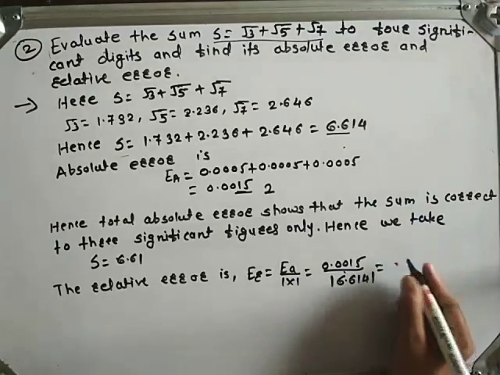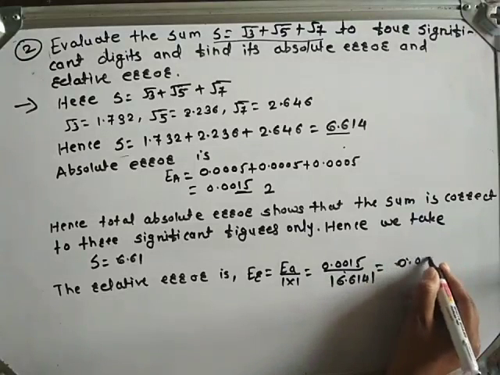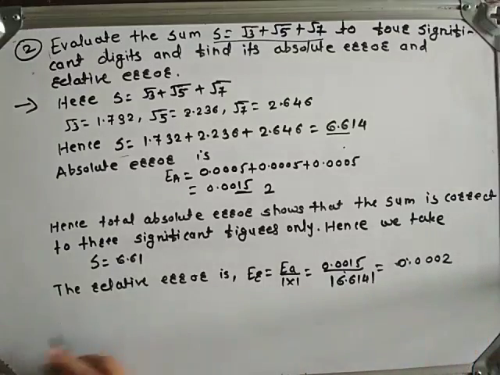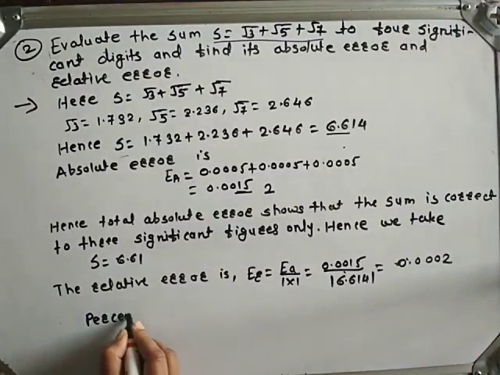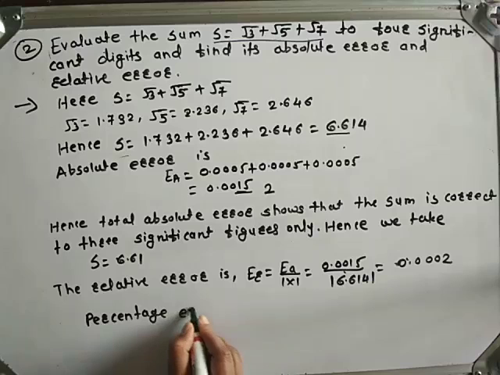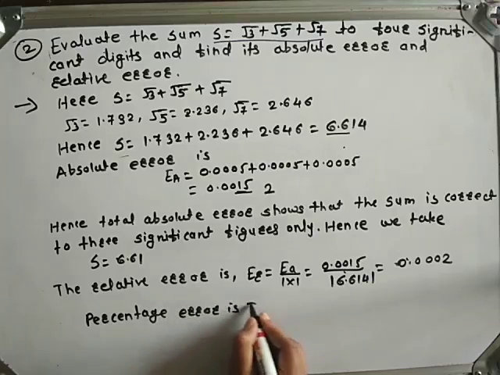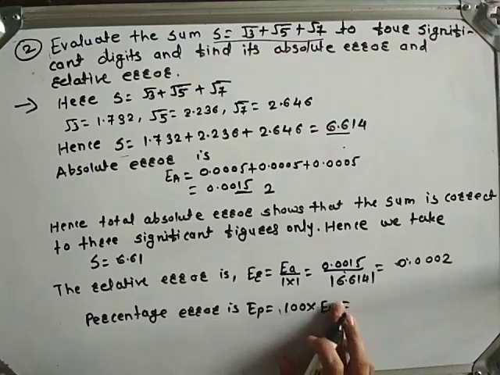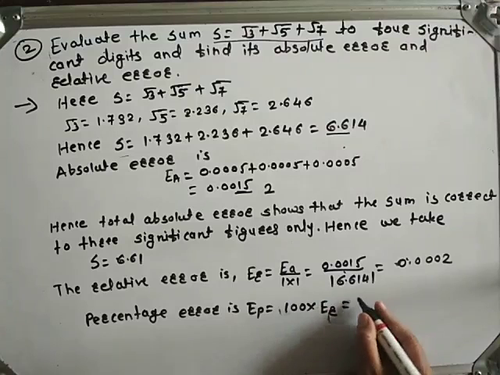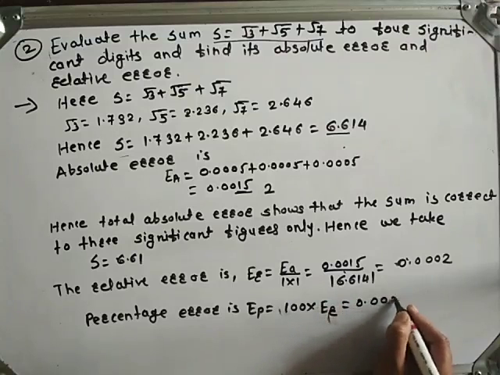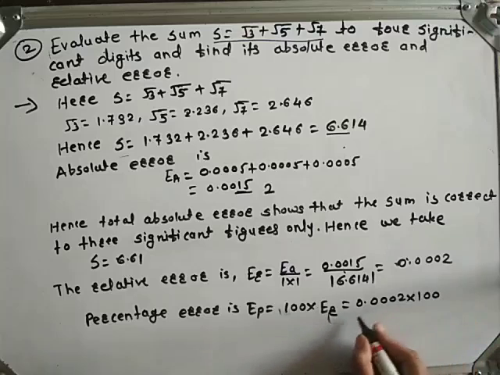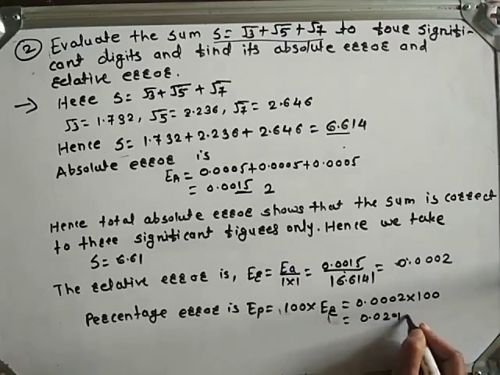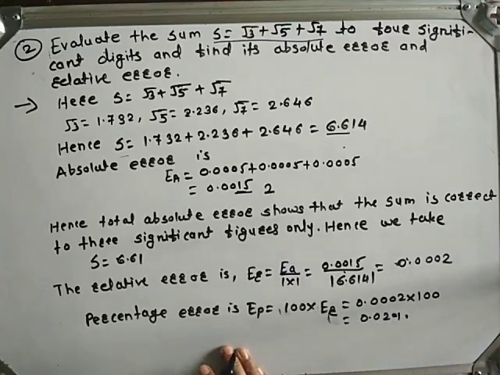After calculating this, we get 0.002, and the percentage error is denoted by EP, which is equal to 100 into ER. Sorry, here R is small. 0.002 into 100, which is equal to 0.02%.